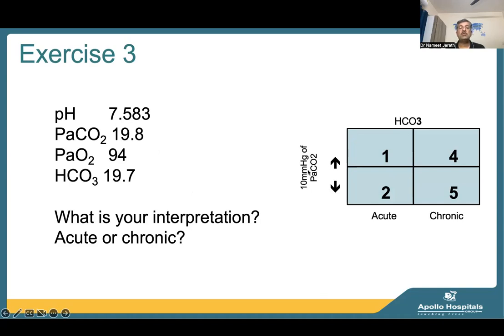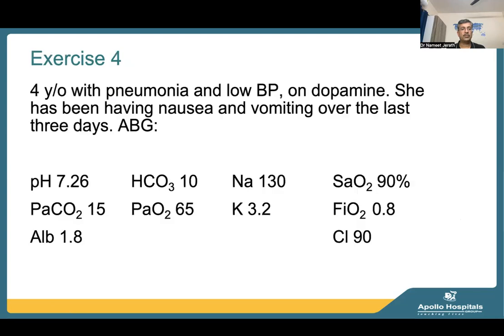So for each 10 mmHg change in carbon dioxide, we have had a 2 millimole change in bicarb. So the drop in bicarb is 2 for each 10 mmHg drop in carbon dioxide. So this makes it an acute respiratory alkalosis with a metabolic compensation, right? So we use this grid of 1, 2, 3, 4, 5 to find out whether it is an acute or a chronic problem.